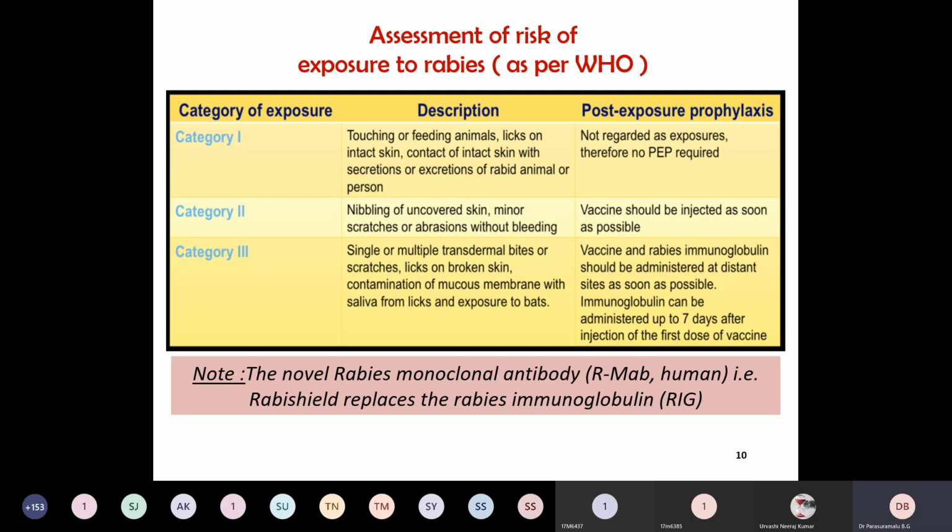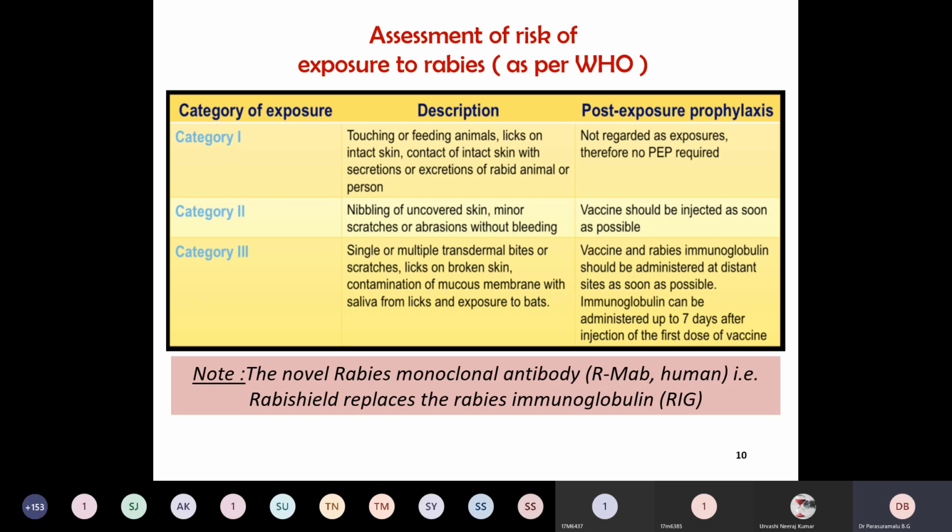As far as the pathogenesis is concerned, immediately after the bite of a rabid animal, the saliva is infiltrated at the site of the bite, where the rabies viruses multiply locally in muscle fibers.